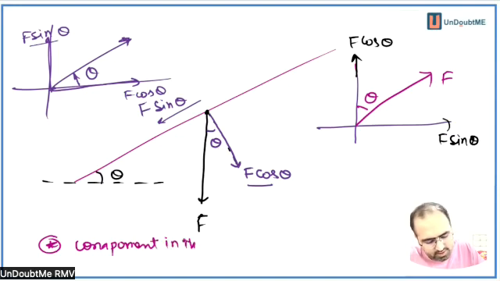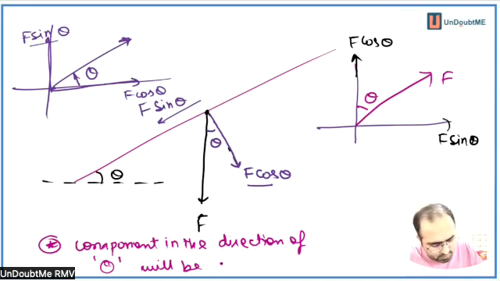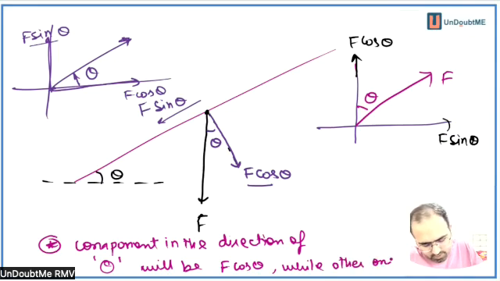Component in the direction of theta will be f cos theta, while the other one will be f sin theta.